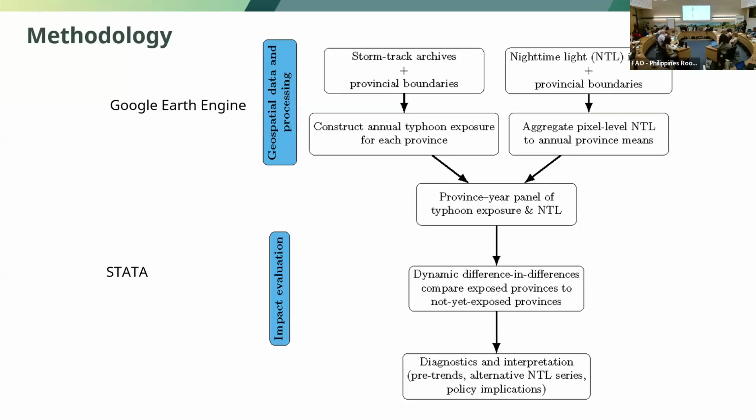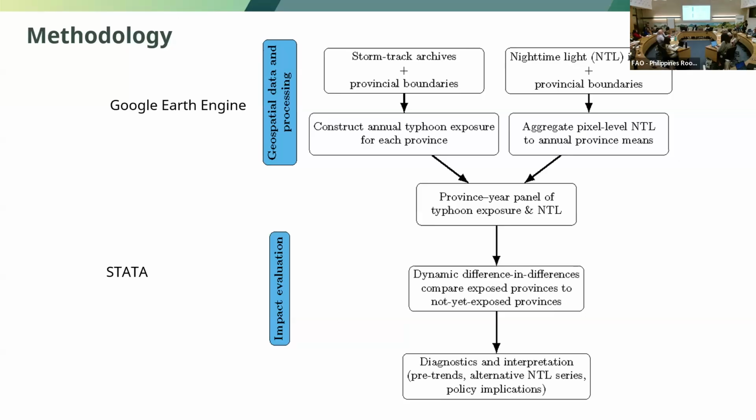So in the book chapter, we present a reproducible step-by-step geospatial framework for estimating the local economic impact of typhoons. First, we integrate the storm track data with the satellite-derived nighttime light at administrative level 1 of Vietnam, which is called province. By doing this, the analysis aligns exposure and outcome at the level where policy decisions are implemented.